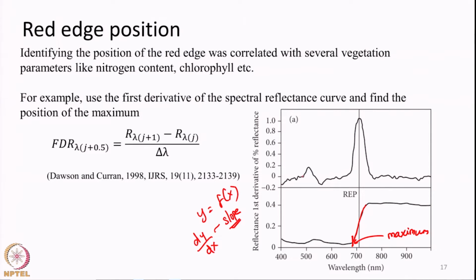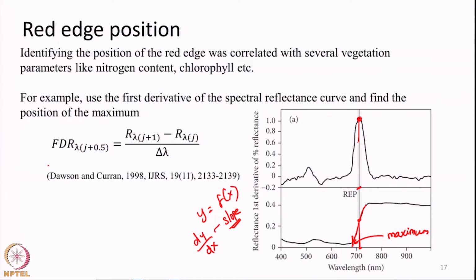We take the slope of the reflectance curve with respect to wavelength, how the reflectance changes with wavelength, and we identify the point where the change in slope is maximum. We identify that particular wavelength at which the maximum change occurs, and we classify it as the position of the red edge.